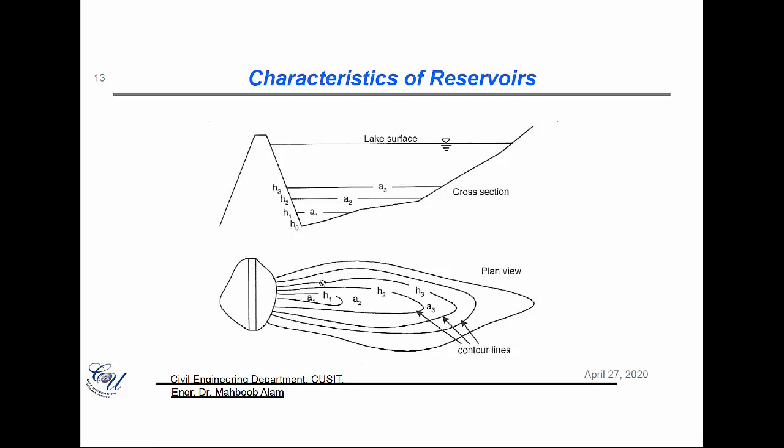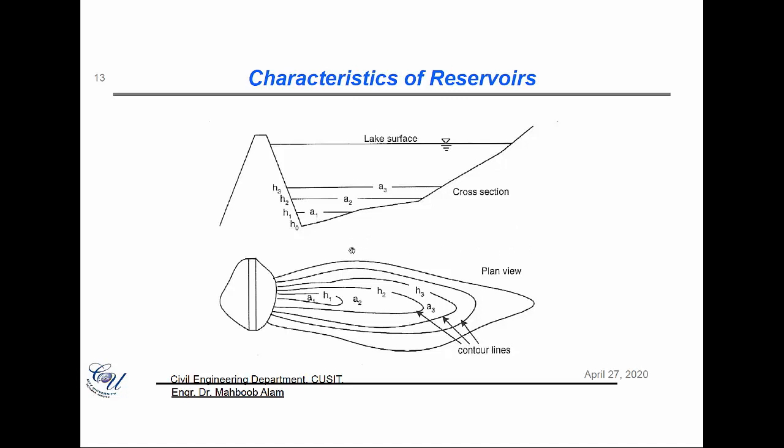We are looking at a reservoir from above. If this area is minimum, then obviously the evaporation from this area would also be minimum. So what we are aiming for is this depth, so that we can store water with the depth. The depth is more as compared to the area, so that we can minimize the evaporation losses.